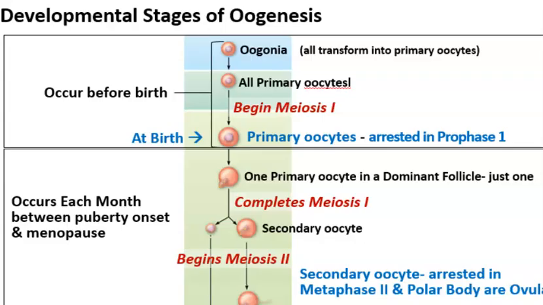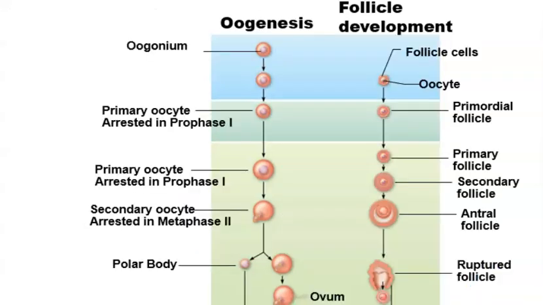So that's a little bit of lab review in addition to kind of incorporating the follicle. But I think it's kind of nice to go through what happens now simultaneously with the oocyte in oogenesis and with the follicle in folliculogenesis.